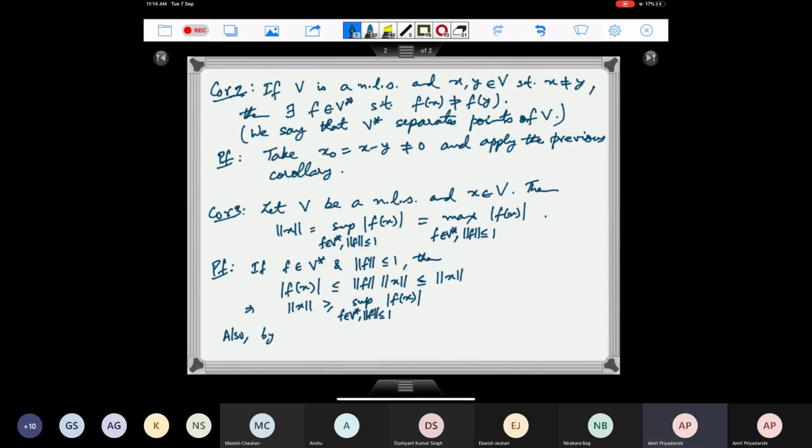By corollary 1, there exists f in V star such that norm f is equal to 1 and f(x) is equal to norm of x.